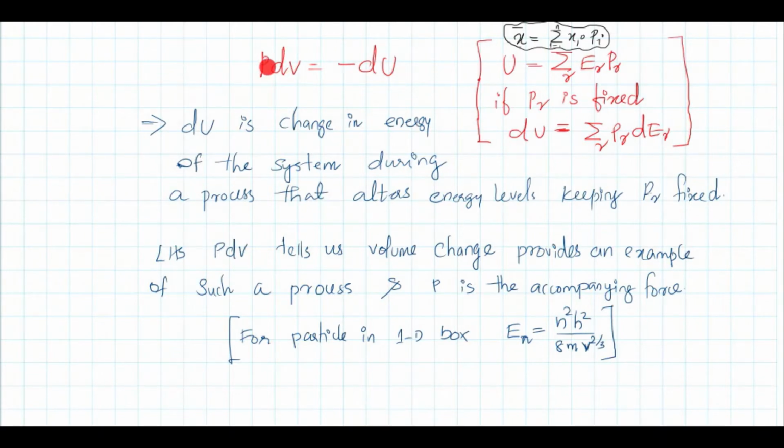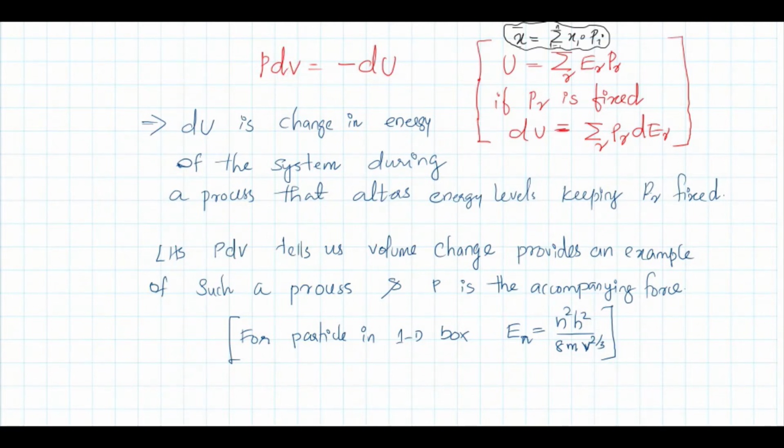So if you have a process which makes a volume change for the system, then that will give you a change in energy levels, keeping the probabilities fixed. And we can also say that if you make a change in volume dV, then P is nothing but the force accompanying that process.